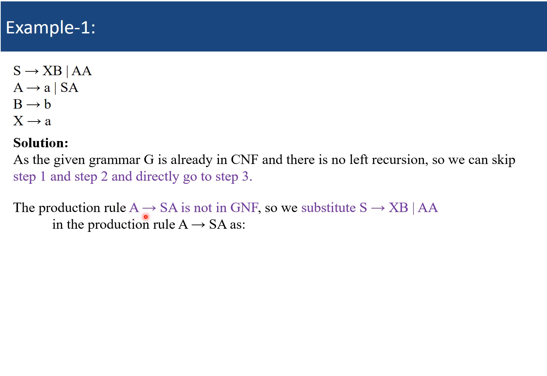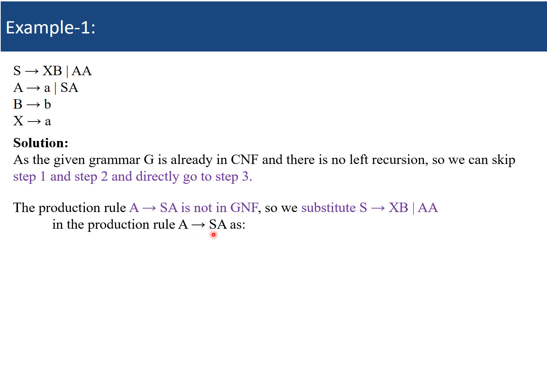The production rule A gives SA is not in GNF. So we have to substitute S gives XB or AA in the A production.